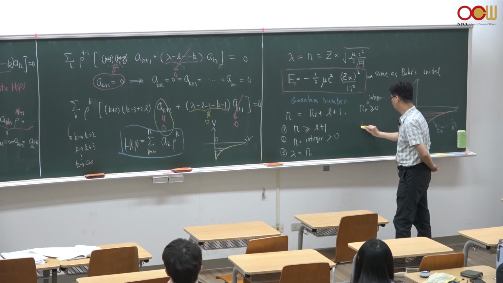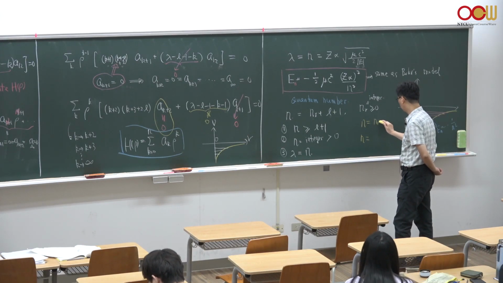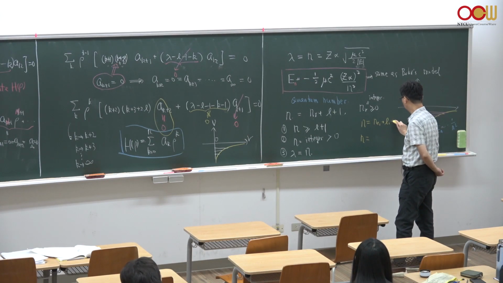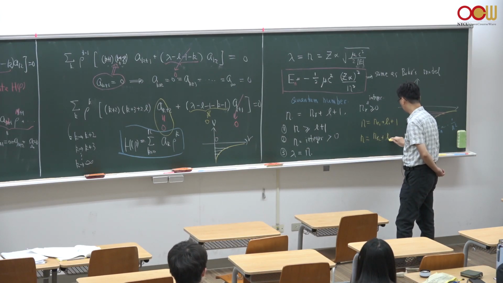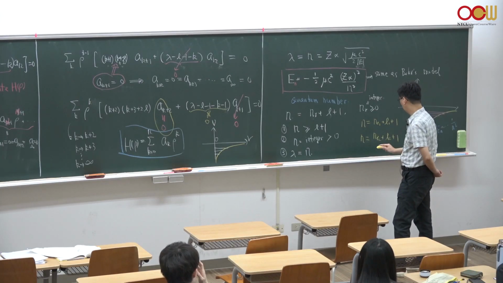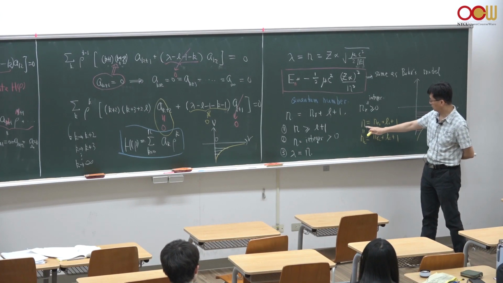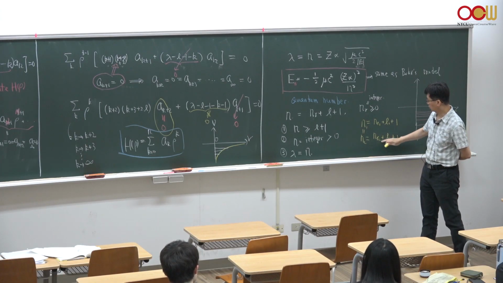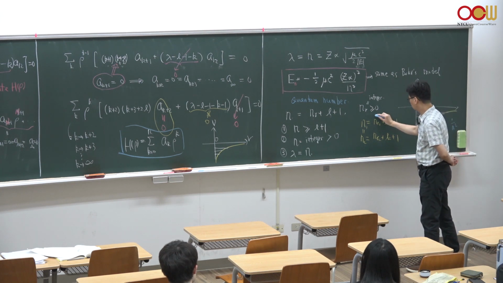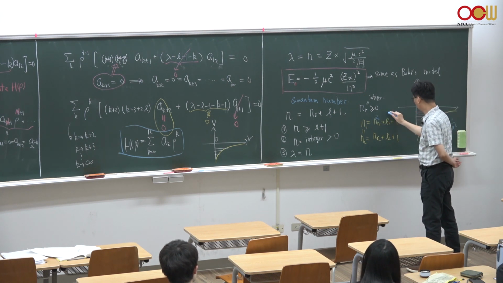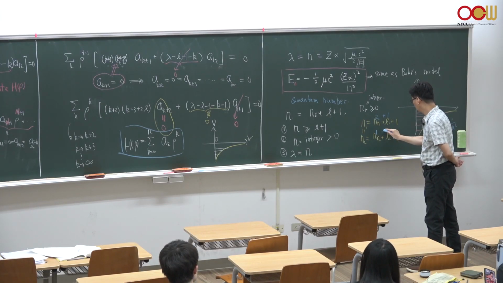Suppose you have two different combinations, n r1 plus L1 plus 1, and n r2 plus L2 plus 1, it turns out that in some cases these two combinations are identical. For example, if n r1 is 2 and L1 is 1, 2 plus 1, but I can reverse those numbers.